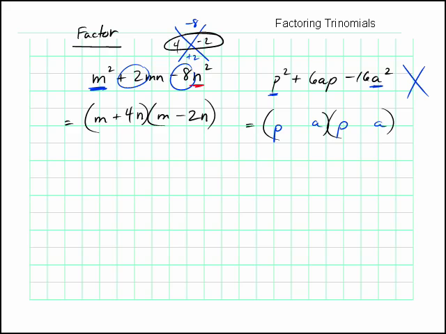Now I'm looking for two numbers that multiply to negative 16, but will add up to a positive 6. And those two numbers would be a what? That would be an 8 and a negative 2. And so I'm going to put plus 8 here, minus 2 there, and I have my polynomial factored again.